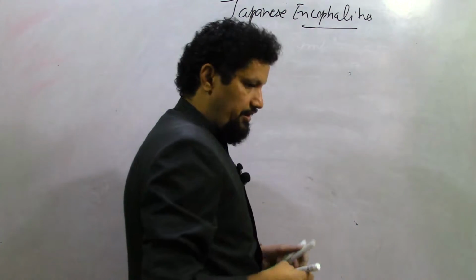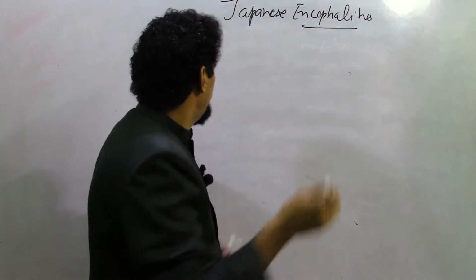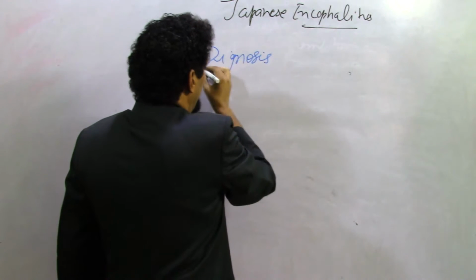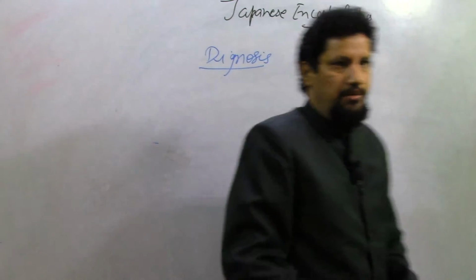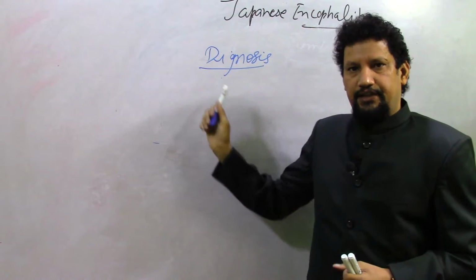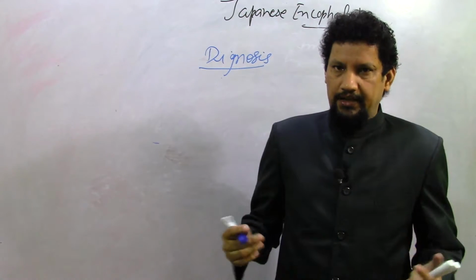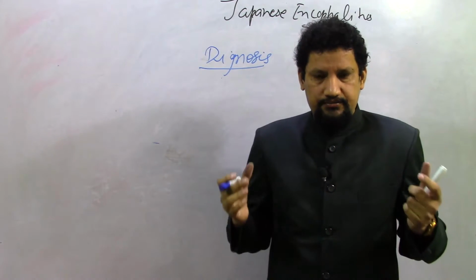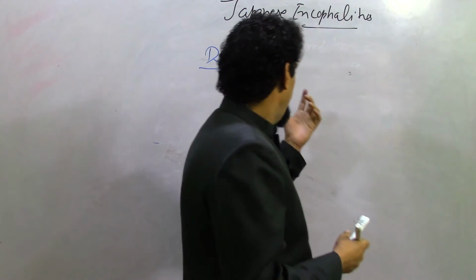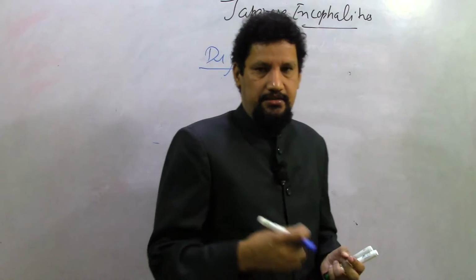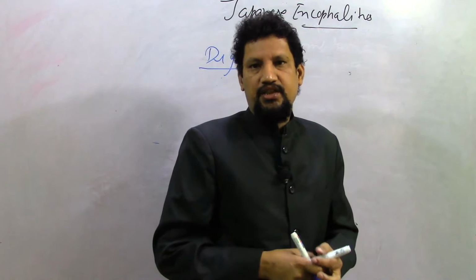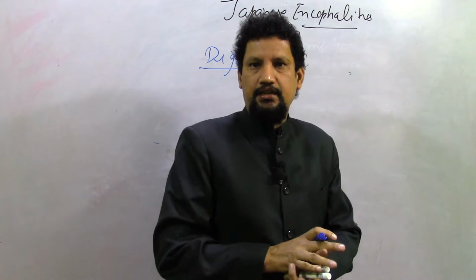So the diagnosis. This is a very, very important part of the Japanese encephalitis infection, which can save the life of the patient. The early diagnosis, after the subside of the febrile illness, after the first week or in the end of first week and start of second week, there are frank neurological manifestations.